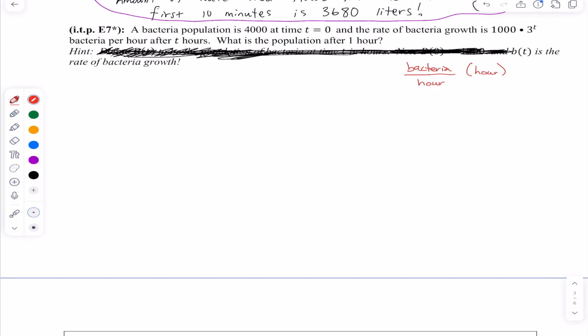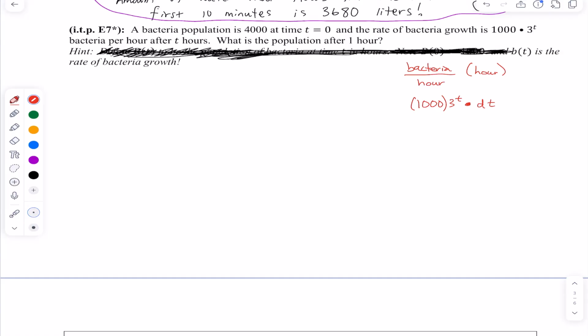It will actually change into bacteria. Now, bacteria per hour is representing the rate of bacteria growth. The rate of bacteria growth is indicated by these symbols. And then we need to multiply this by a small increment of time, which is what we call dt.